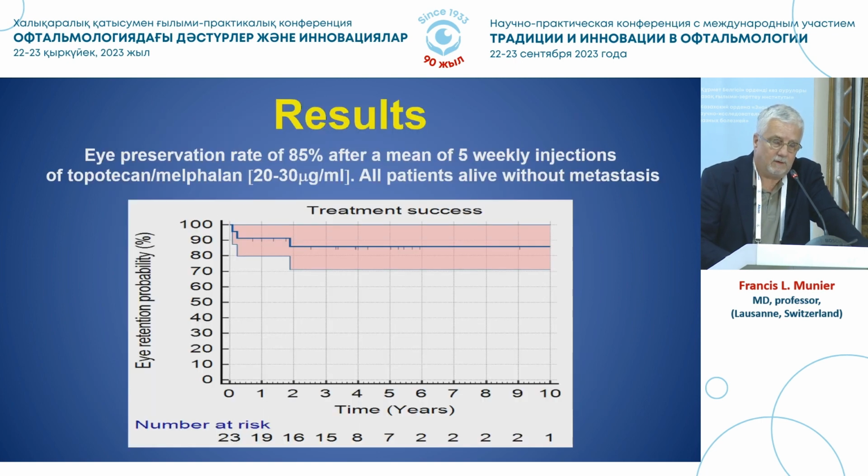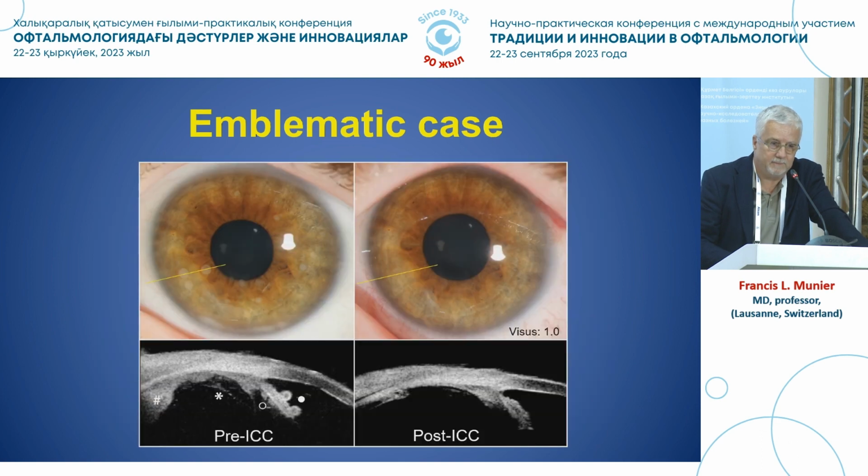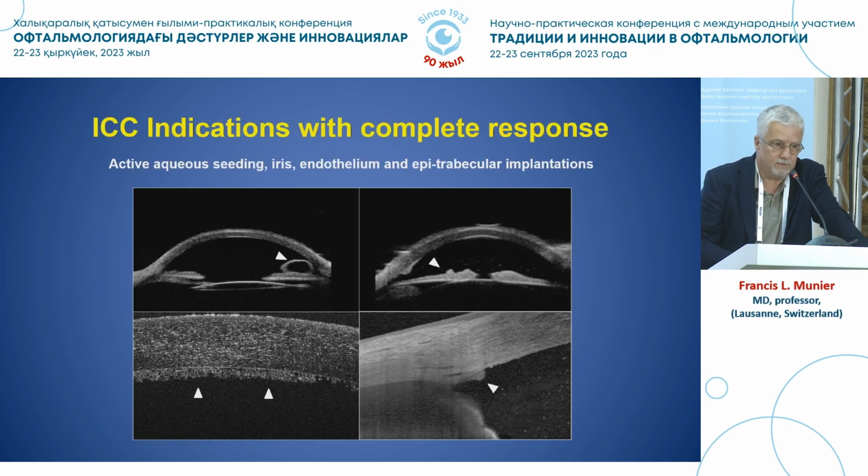You see here the eye survival after injection of topotecan or melphalan at this concentration of 20-30 microgram per ml. These are some emblematic cases with the pre and post treatment status.